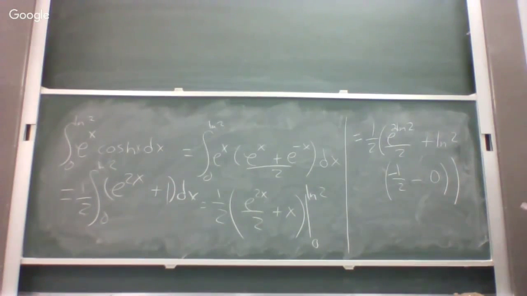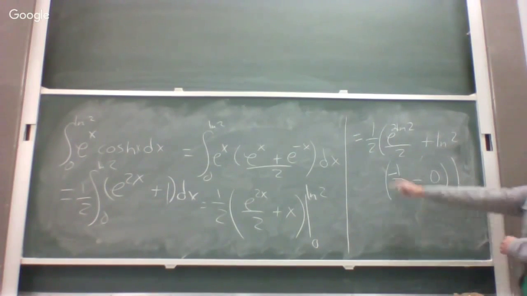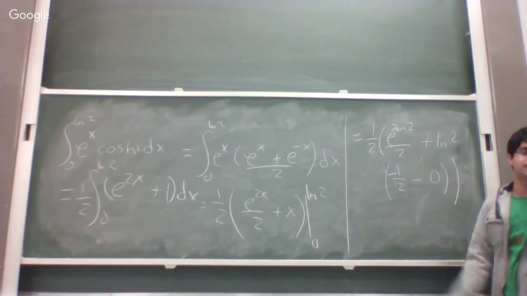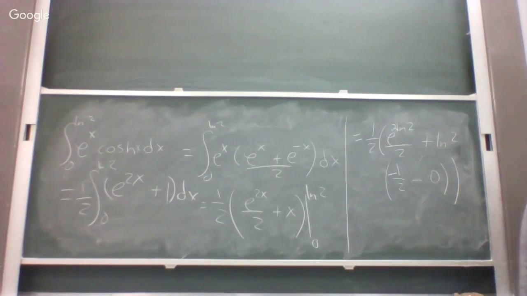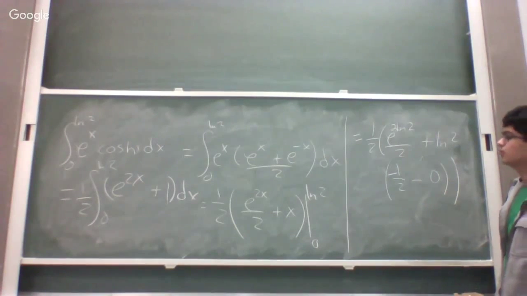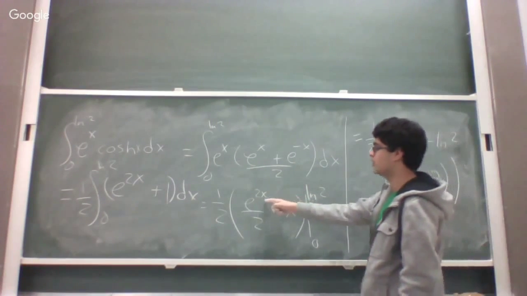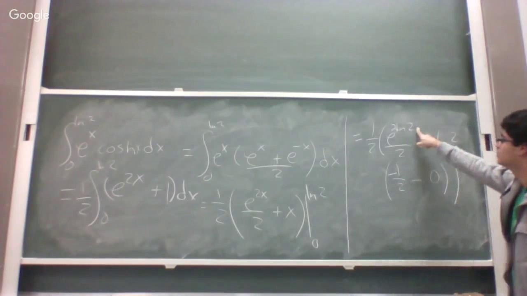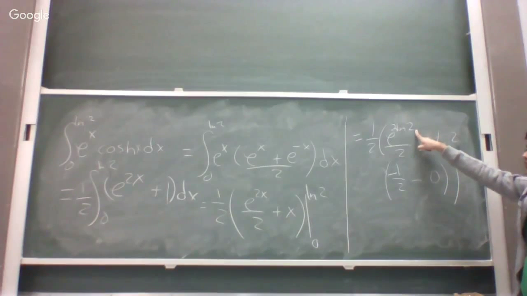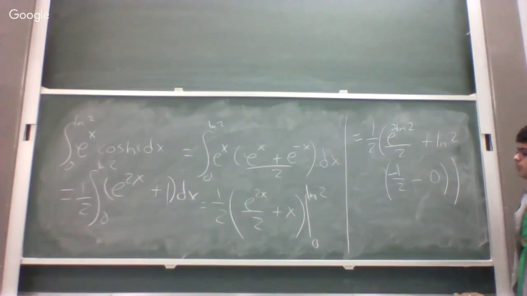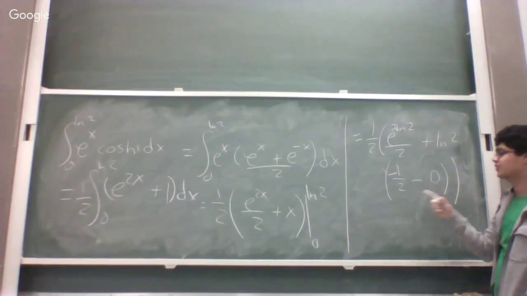Did that make sense? Since you have the 2, I still have that. e to the 2x over 2, I plugged in the natural log of 2. I haven't multiplied that across yet. e to the 0 is 1, but it's divided by 2. Yeah, it works that way.